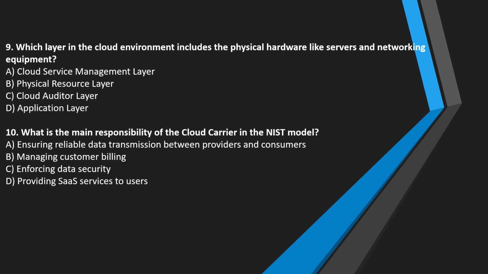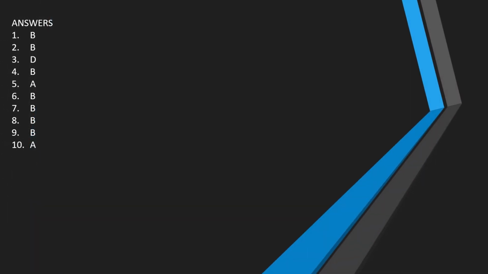The correct answer is A, ensuring reliable data transmission between provider and consumer. All the answers you can find on the last page of the PPT here. Thank you for watching.